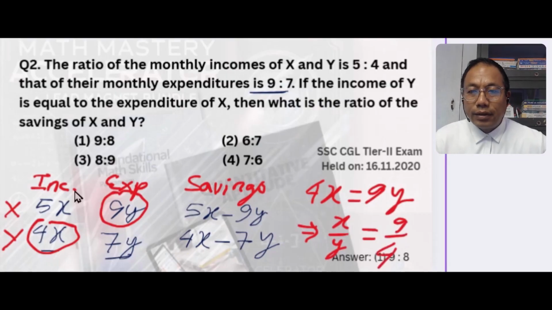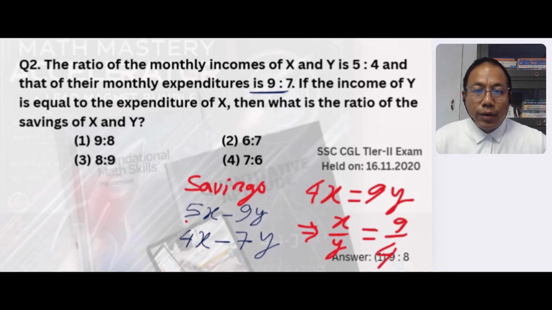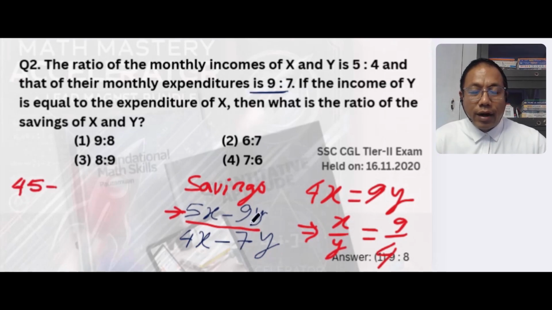Let's calculate some portion. Let's find this value. 5x. What is the 5x value? Take x as 9, y equal to 4. 5 nines are 45. Minus 9 into y, y is 4, 9 fours are 36.